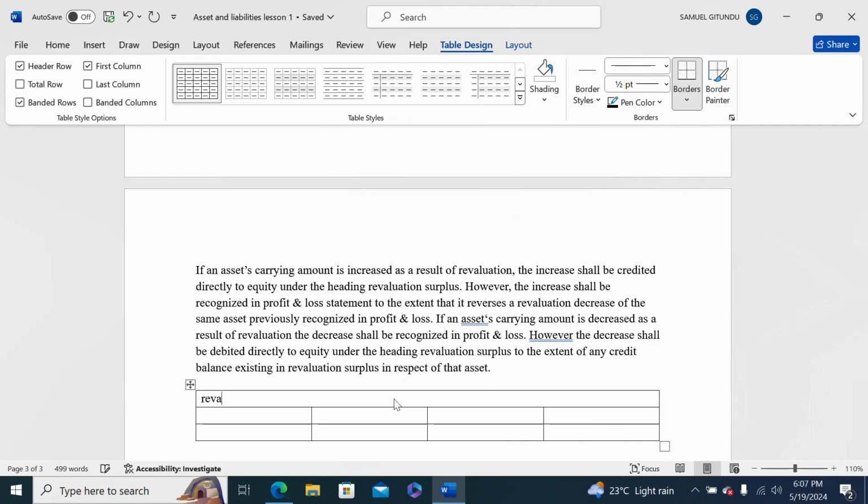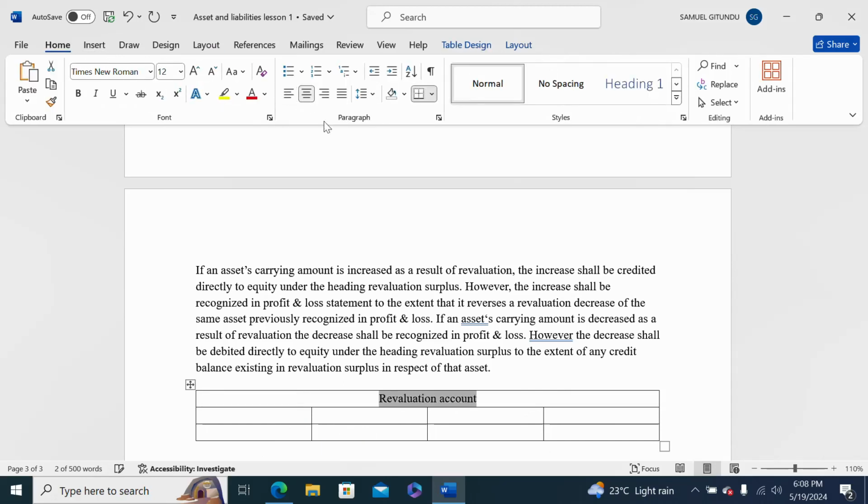Here we have the revaluation account. A revaluation account usually has a credit balance. So if there's a revaluation increase, for example, of machinery in 2021, in this different example, of 20,000, then it is credited here in the revaluation account.